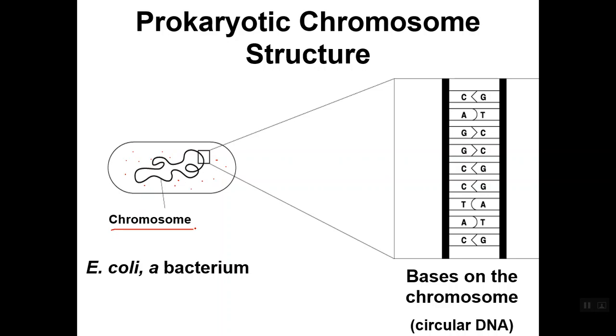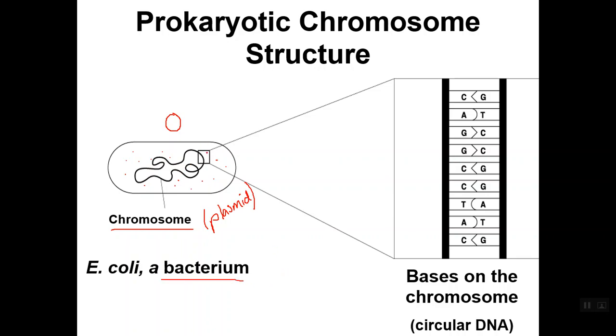Here is the single chromosome. Notice that even though it's all kind of looped up on itself, it is just one chromosome. Notice that it's also circular, right? If you stretched it all out, it would be a circle. The fancy name for that is a plasmid. You'll need to know this later on in the unit. A plasmid is the name of that circular chromosome that bacteria have.